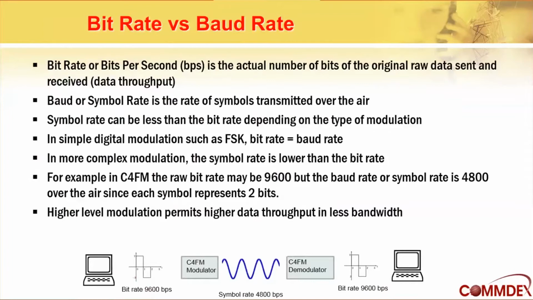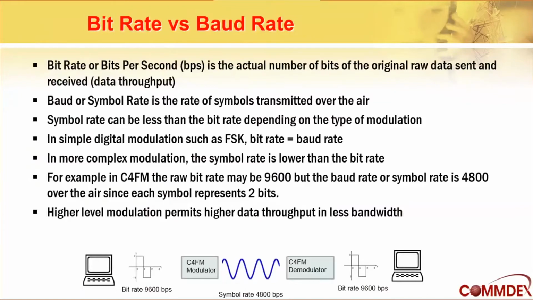So depending on what type of modulation we have, we can have a different baud rate than bit rate. For the very simplest type of modulations like FSK, where each bit represents a 1 or a 0, the bit rate is the baud rate. But in more complex modulation, the symbol rate will be lower than the bit rate.